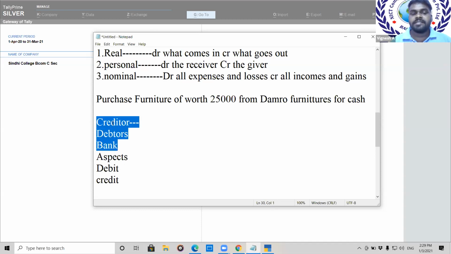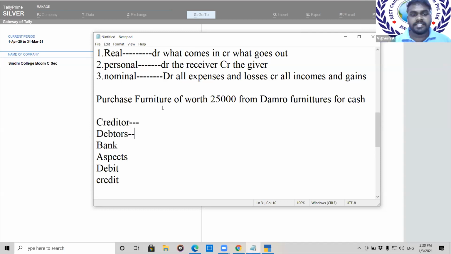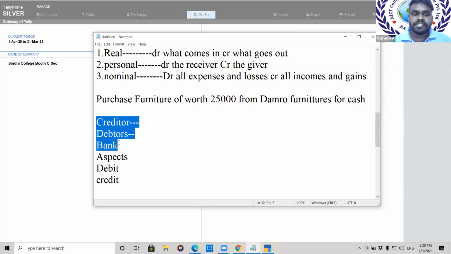Creditor and debtor are the persons. Creditor is the person to whom we owe money. Debtor is the person who owes money to us as a business. Understand the differences. Debit and credit are aspects, so don't confuse DR and CR with creditor and debtor.